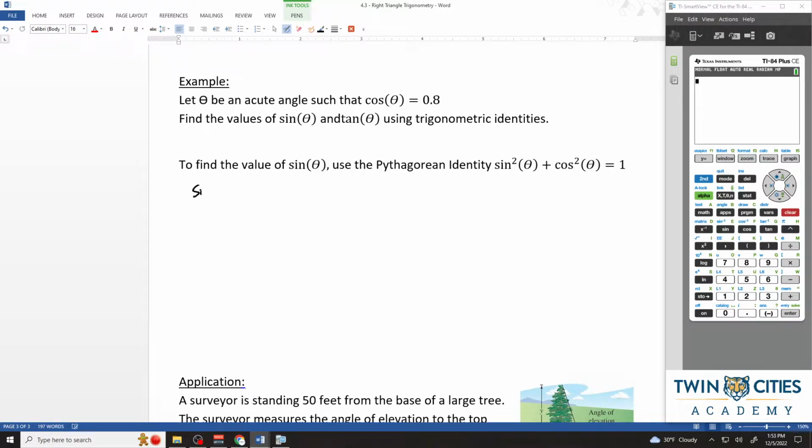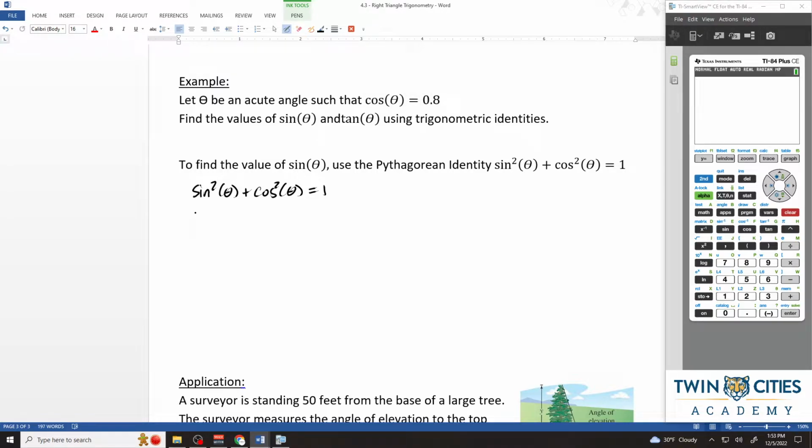Sine squared of theta plus cosine squared of theta equals 1. Well, if I know that cosine of theta is equal to 0.8, then I can plug that in.